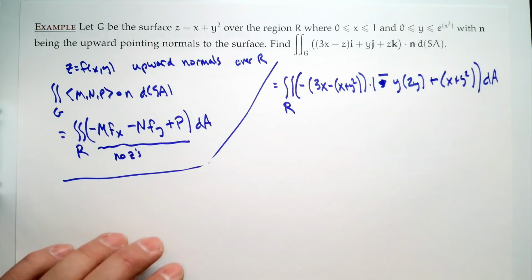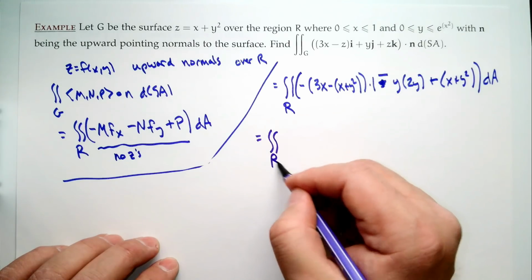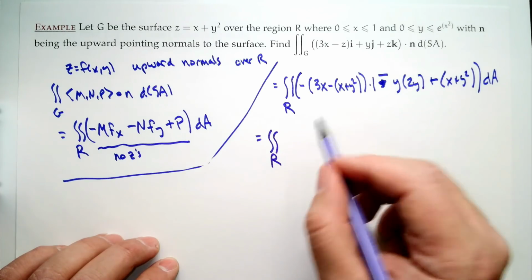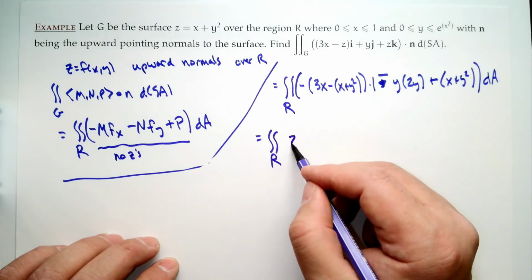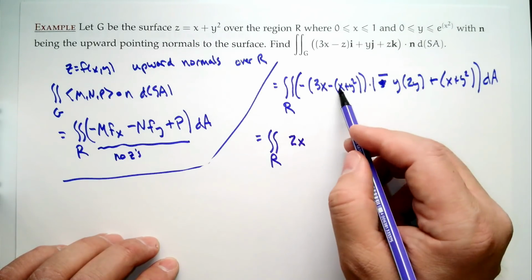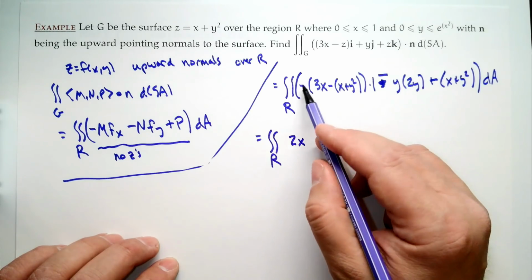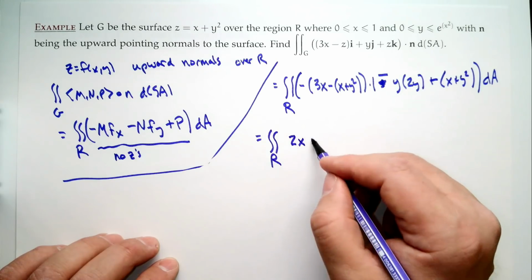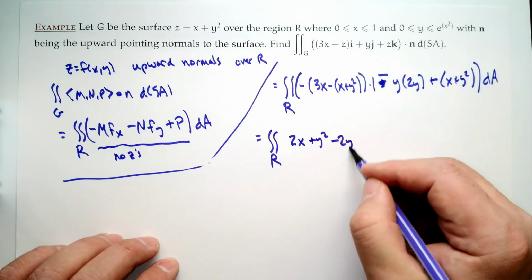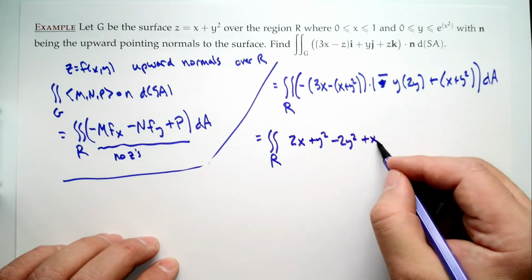Well, what do we have? Let's clean this up. From the first term, we have 3x minus x. That looks like a 2x, if I'm doing that right. Yeah, that's 2x. Then you have minus minus makes plus y squared. The middle term, minus 2y squared. And then here on the end you have plus x.